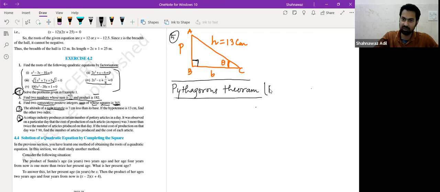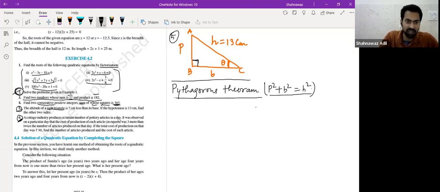Perpendicular square plus base square is hypotenuse square. There is no half in this. So this is about the Pythagoras theorem of the right angle triangle.